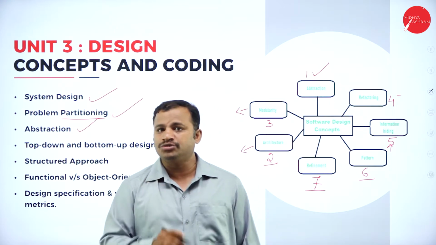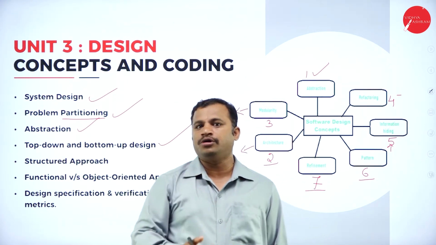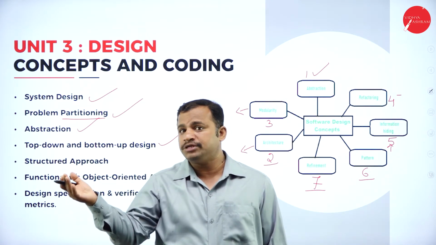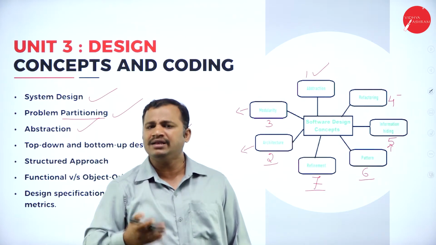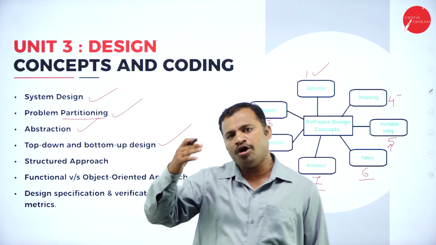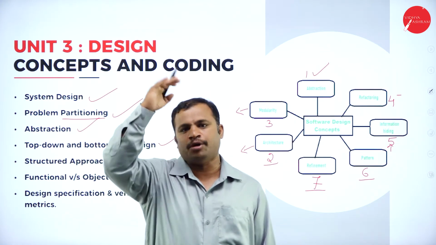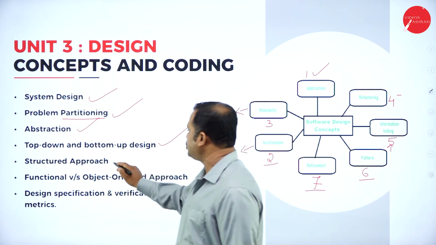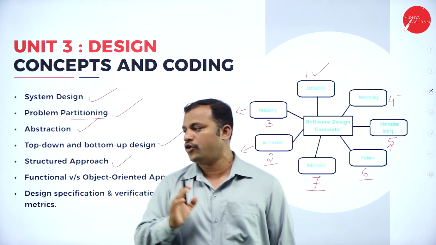If you see the C programming language, you will see that it follows a top-down approach. But if you take up C++, it is a bottom-up approach. So you can design it as it is. According to your requirements, you can design it either in a top-down approach or a bottom-up approach. Then structured approach. C is also a structured approach, that is, a top-to-bottom approach is followed there.